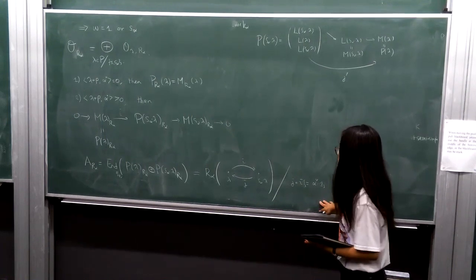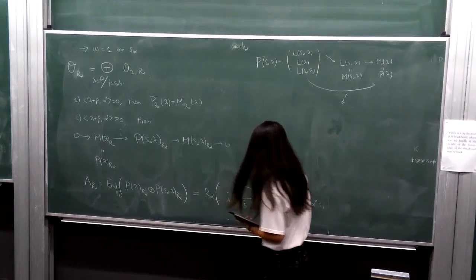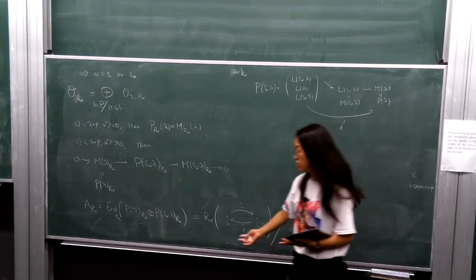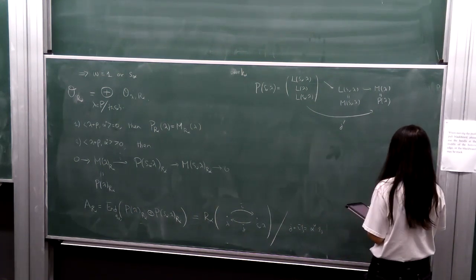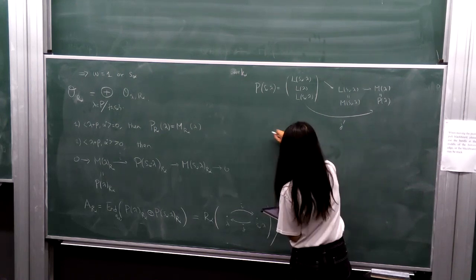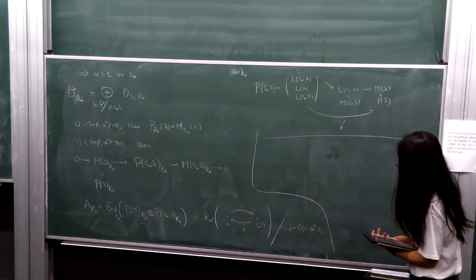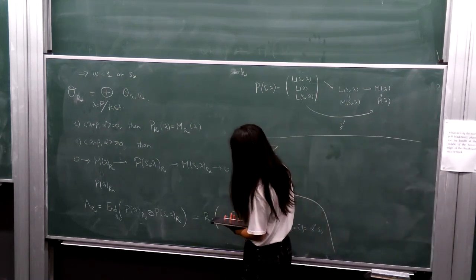This requires some work, but at the end the result is like this. So now you have a very explicit description of this block, and you can compute its center. To compute the center, you need to better understand these mechanisms, but it's not hard.